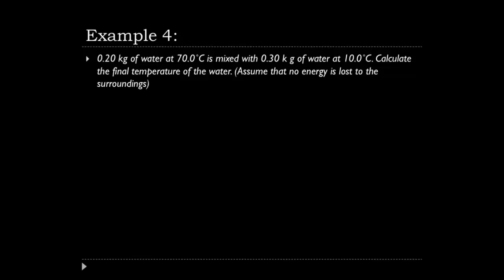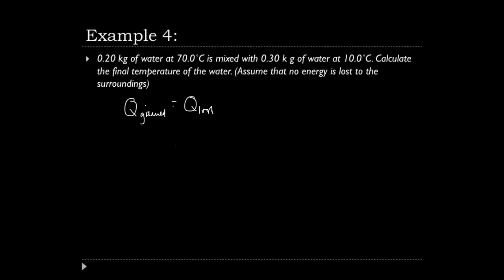So we use the same equation. Maybe we'll write it like that first. Q gained is equal to Q lost. And so m1 c1 delta T1 is equal to negative m2 c2 delta T2. In fact, maybe it'll be clearer if I say it like this.